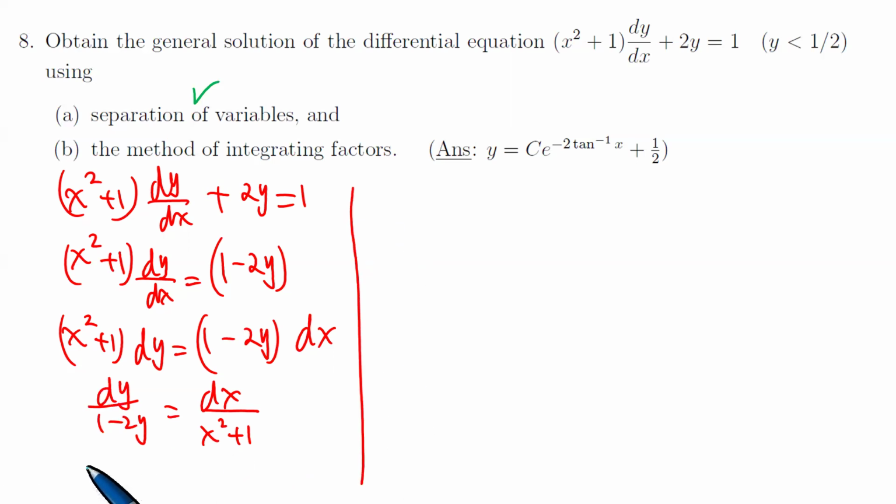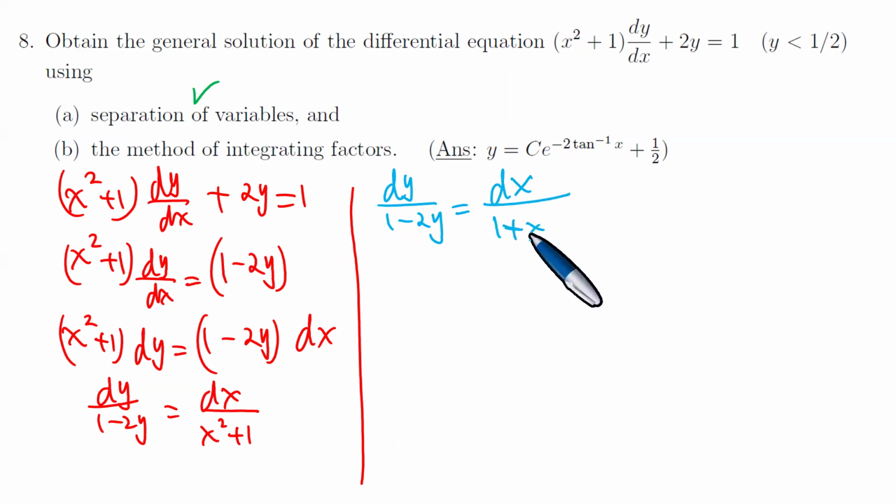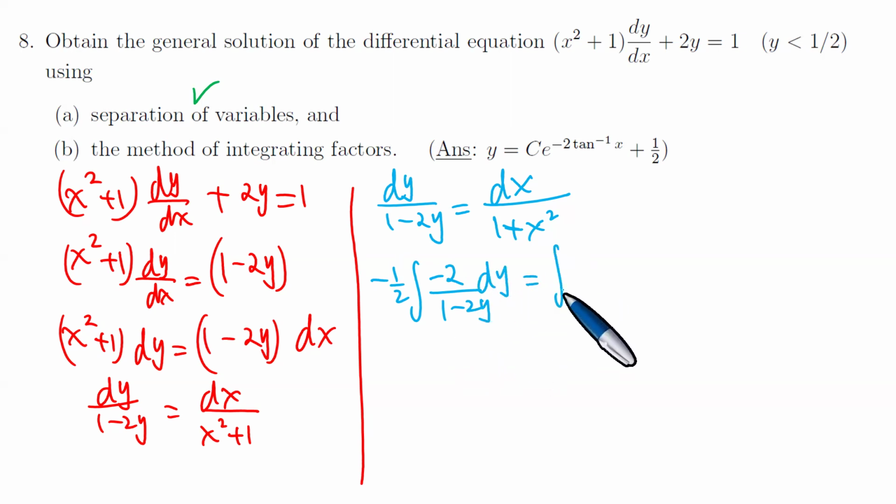At this point, we can write this as follows: 2 divided by 1 minus 2y dy.